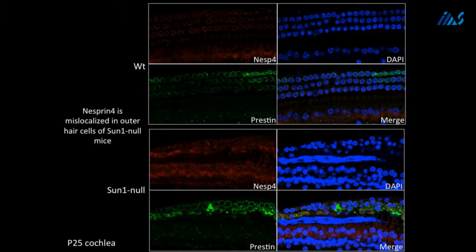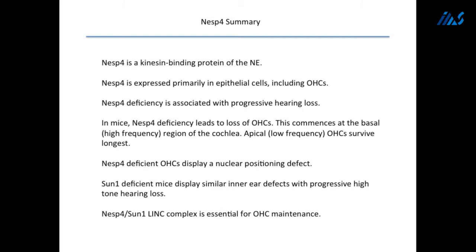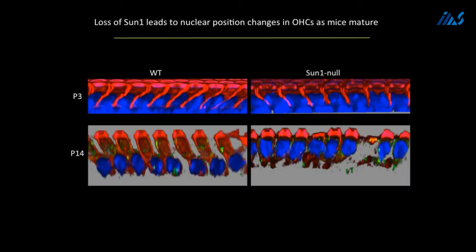It's evidently lost a significant number of outer hair cells. Again, we can see the same nuclear positioning defect in SUN1 mutant animals. So the message here is that you can eliminate either end of this LINC complex, and you will have the same effect with the nucleus mislocalizing from the base to the apex of these outer hair cells.